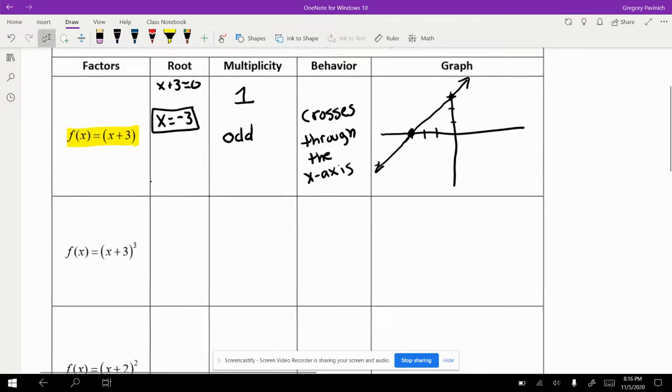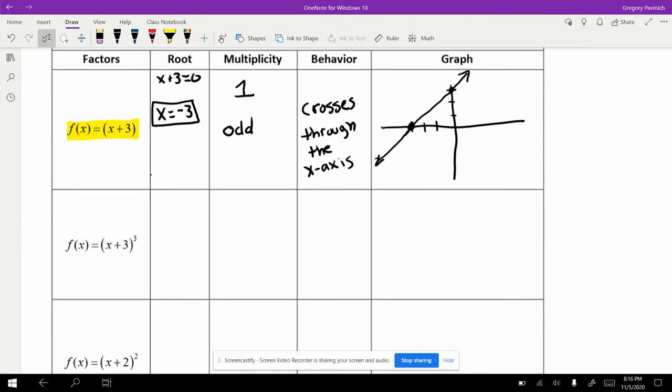Okay, our next one is the same factor, but now it's occurring 3 times. So if I solve it for 0, I'm still going to get -3. It'd be a little bit redundant to write it out 3 times, right, those would get me -3 3 times. And that's what we're talking about. What is its multiplicity?